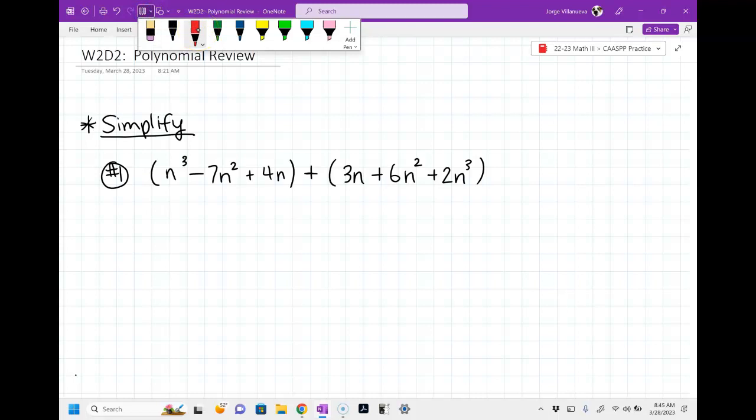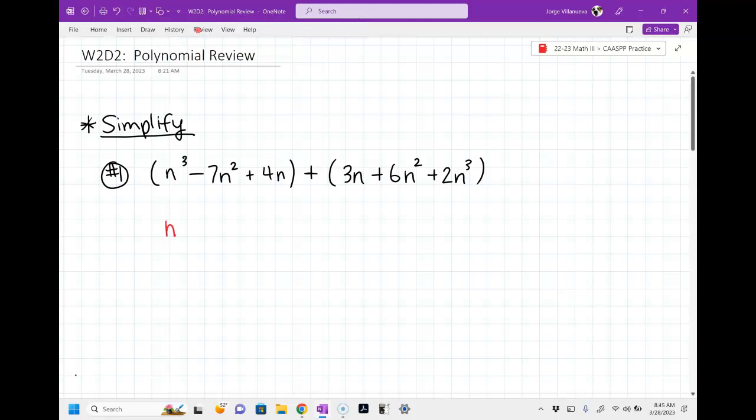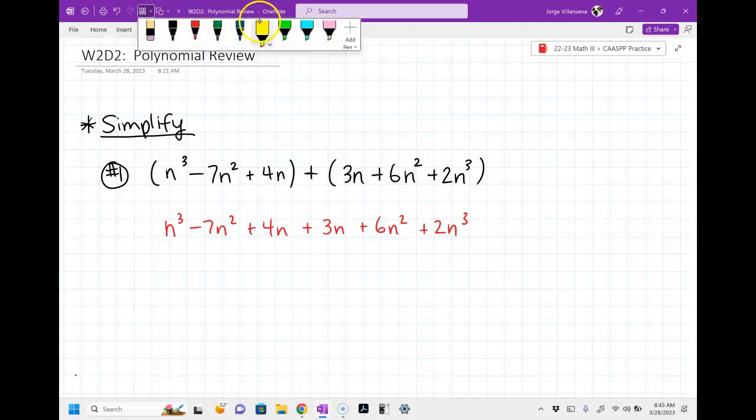So I'm going to rewrite this: n to the third minus 7n squared plus 4n plus 3n plus 6n squared plus 2n cubed. Notice how none of the signs really change. Everything stayed the same. Now I'm going to look for my like terms, so I'm going to highlight them here.